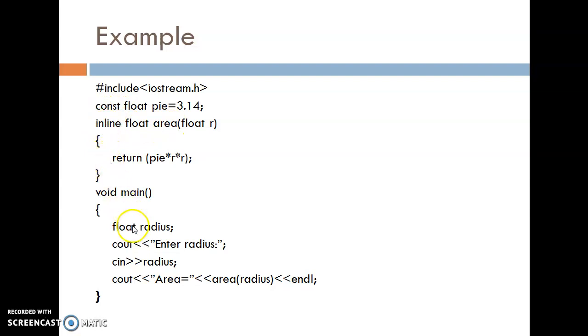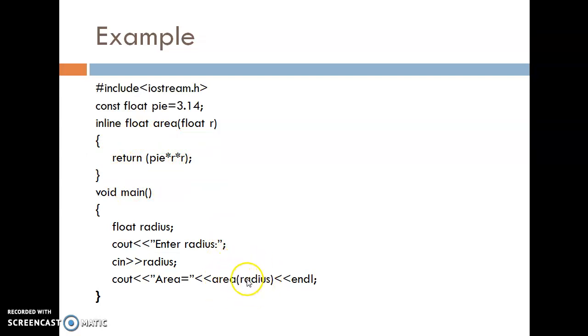Now when this function is called, from void main the execution is going to start. Enter radius, take the value of radius. Here area is equal to, from this point this function is going to be called. So in place of passing the argument and control from this place to this place, at the compilation time, the body of this function is set over here.